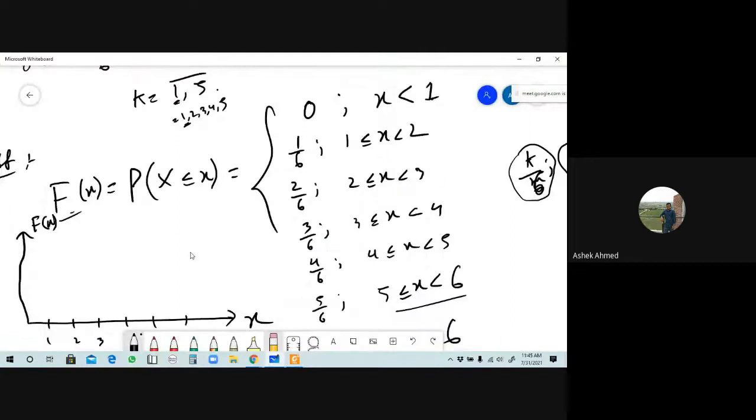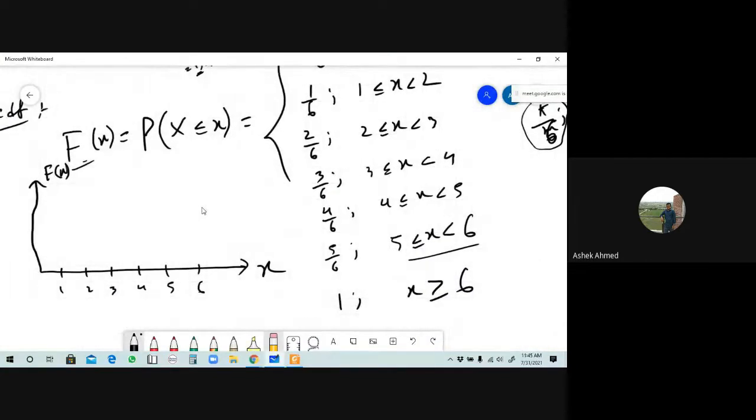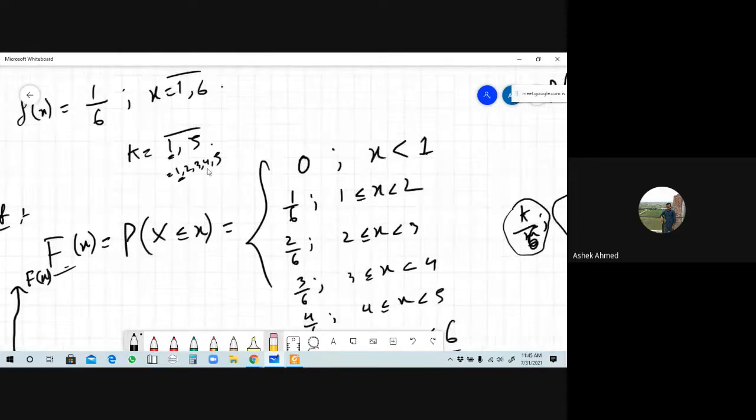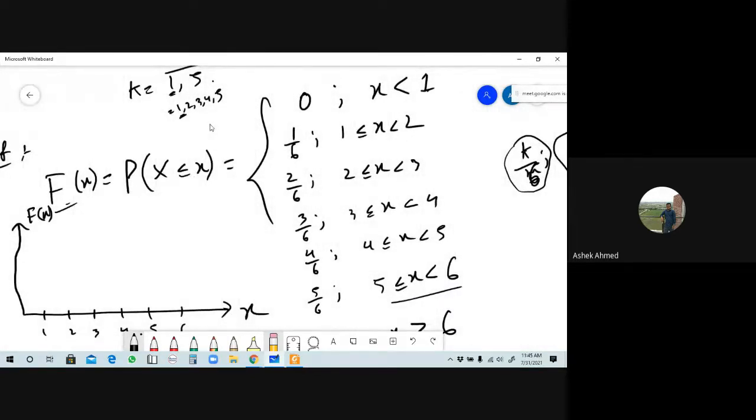Okay, we want to sketch a figure here. From here, tell me, if you take x less than 1, what will capital F of x be? 0, right. So 0 means the left side of 1 is on the x-axis. Respond, is that okay?